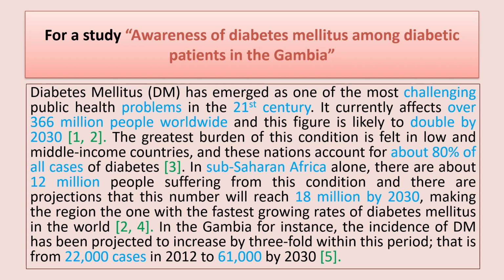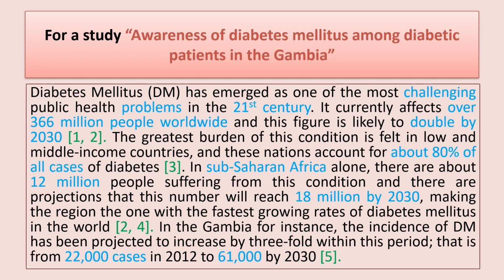The greatest burden of this condition is felt in low and middle income countries, and these nations account for about 80% of all cases of diabetes. In sub-Saharan Africa alone, there are about 12 million people suffering from this condition, and there are projections that this number will reach 18 million by 2030, making the region the one with the fastest growing rates of diabetes mellitus in the world.